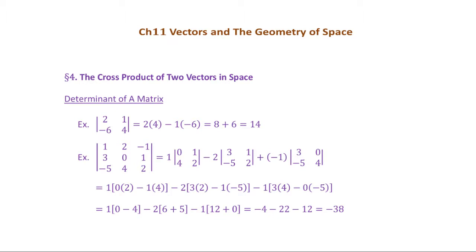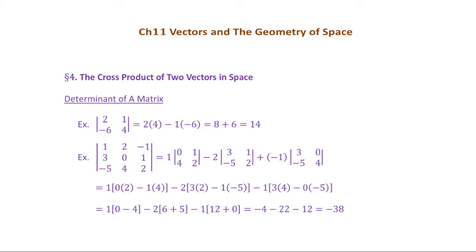So that's plus -1 times the determinant of another 2 by 2 matrix, which is from deleting the first row and third column. Okay, -1 is on the first row on the third column, so you delete those, and then you get the 2 by 2 matrix 3, 0, -5, 4. So -1 times the determinant of that matrix. Okay, and then you just compute the determinant of each 2 by 2 matrix in the problem.